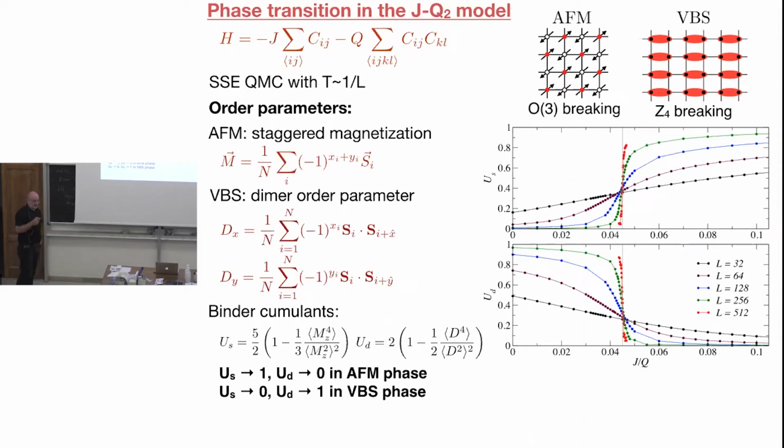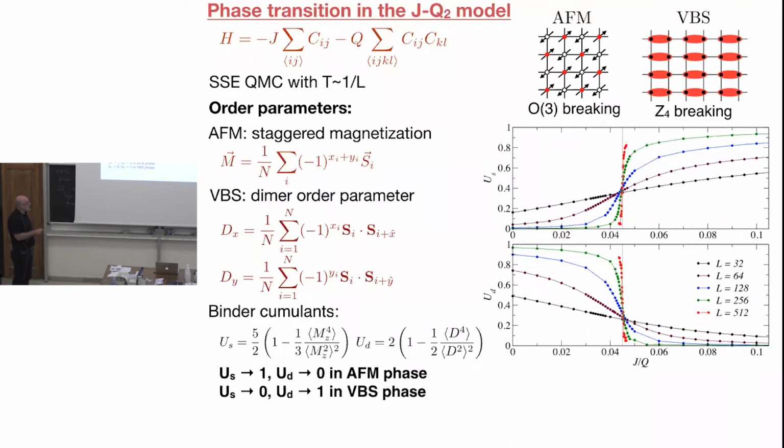This is what Chong also mentioned today, that the state of the art is around 500 in terms of L by L. These are the two Binder cumulants, the spin and the dimer Binder cumulant, for 5 different system sizes in factors of 2: 32, 64, up to 512.